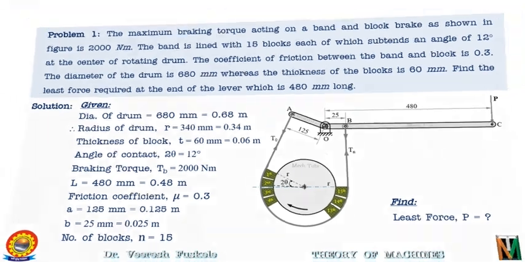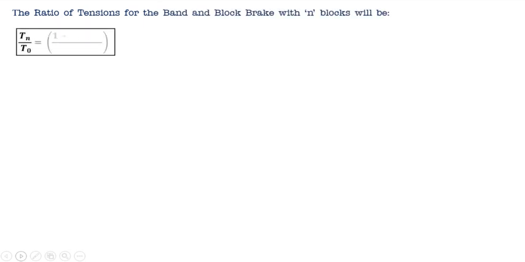Moving ahead, the ratio of tensions for the band and block brake with N blocks will be Tn upon T0 is equal to (1 plus mu tan theta divided by 1 minus mu tan theta) whole to the power of N. Substituting the values of mu, theta and N, we have Tn upon T0 will be equal to (1 plus 0.3 into tan 6 degrees divided by 1 minus 0.3 into tan 6 degrees) whole to the power of 15.